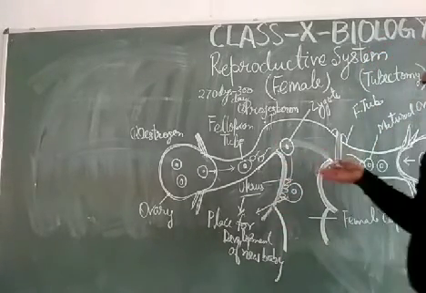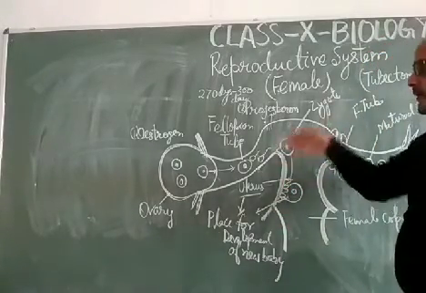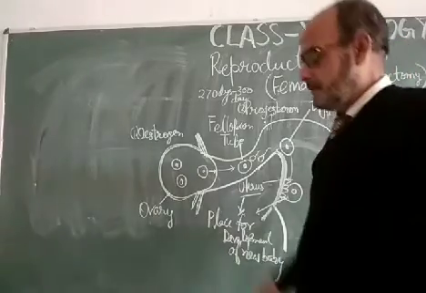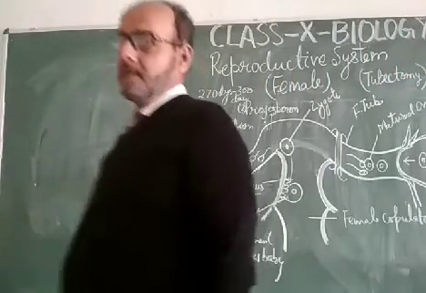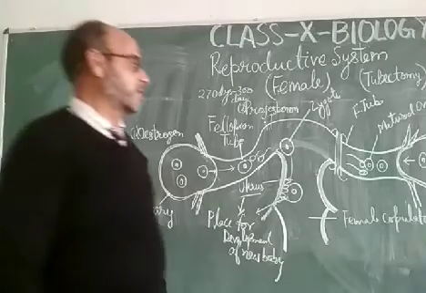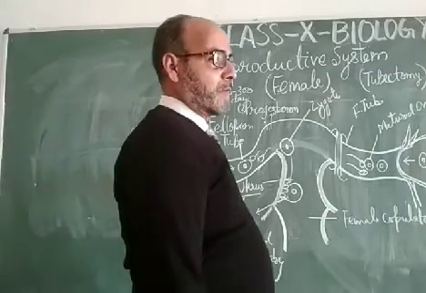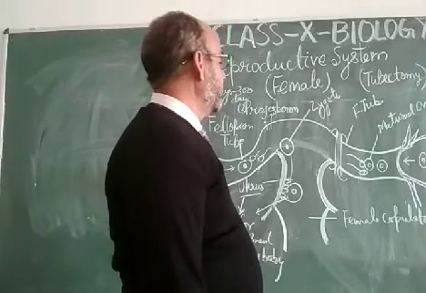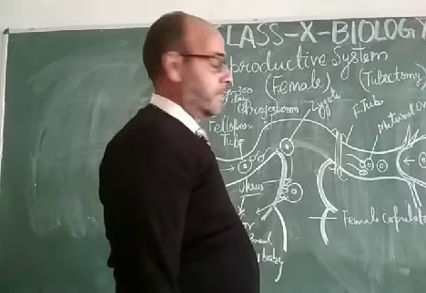My dear student, this is all about the female reproductive system, and this is an outline diagram of it. Later on, in the next video, we will see more about birth control as well as the reproductive health of the female.